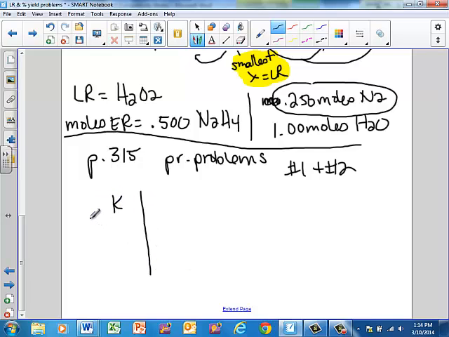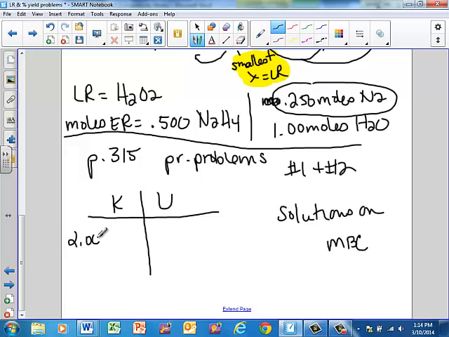Now I'm going to go ahead and set up the known and the unknown for both of these just to kind of get you set up, and I will post the actual solutions on my Big Campus. You do have to have these written down. I will check to make sure that you have them done by the next time that I see you. So even if nothing else, try them on your own, go to solutions, see how they were supposed to be worked out, so you get some more practice on these.